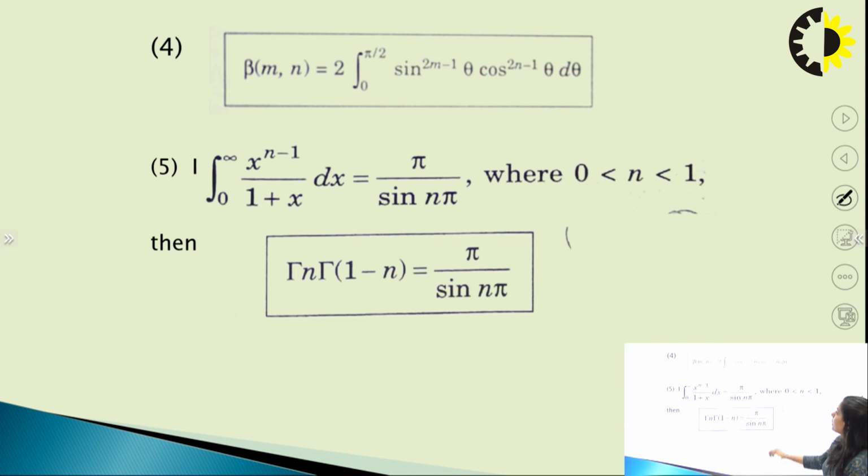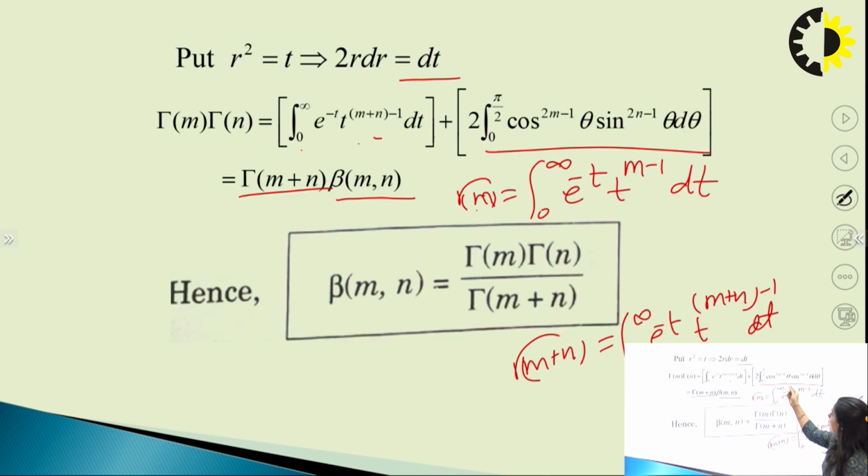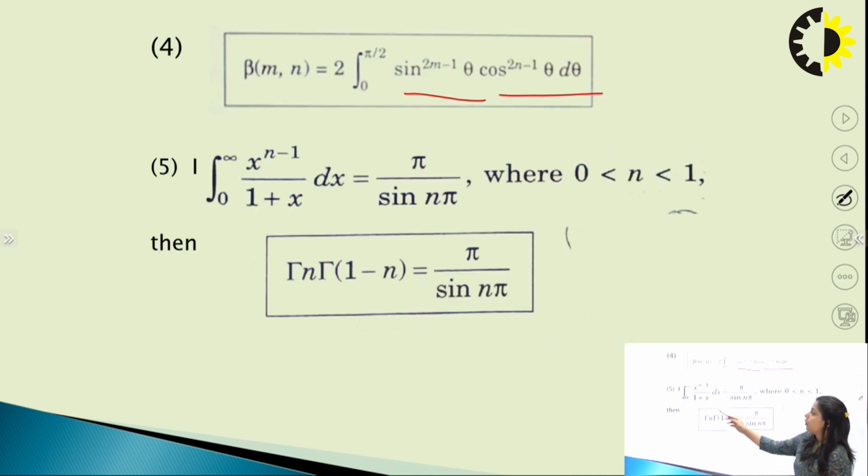Now the next property of beta function is beta m n is equal to 2 integration 0 to pi by 2 sin power 2m minus 1 theta cos power 2n minus 1 theta d theta. We already used this property in the proof of the relation between beta function and gamma function. Now the next property is integration 0 to infinity x power n minus 1 upon 1 plus x dx is equal to pi upon sin n pi, where n is in the range 0 to 1.